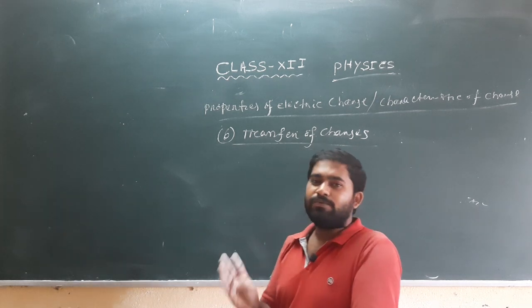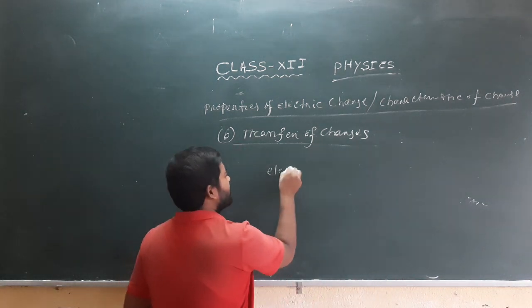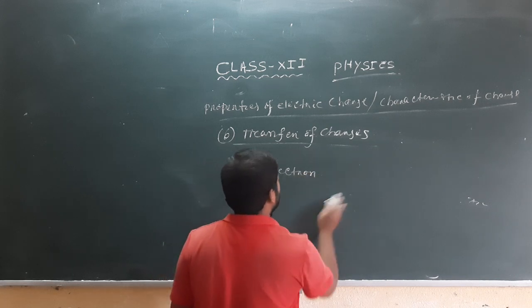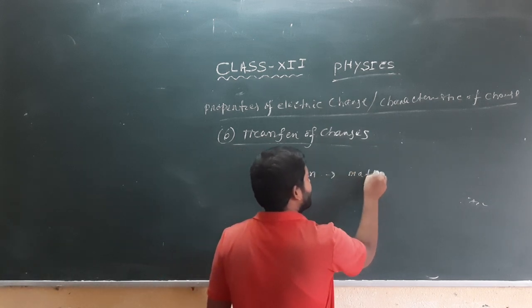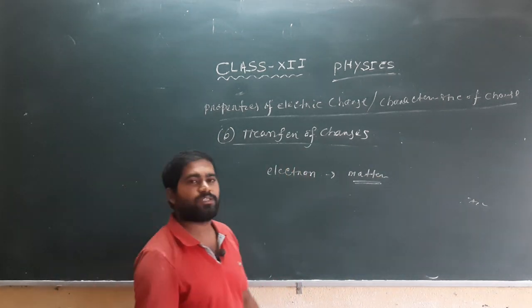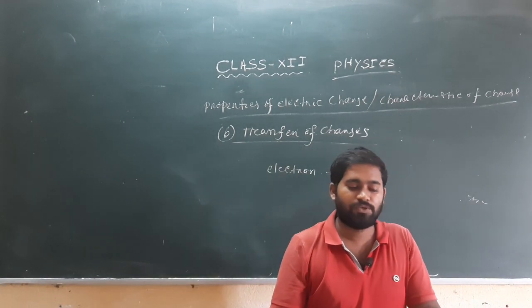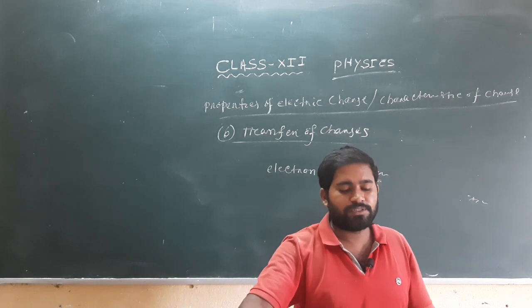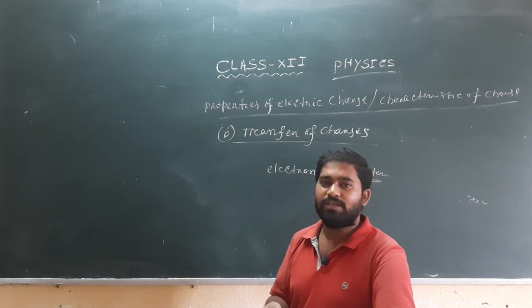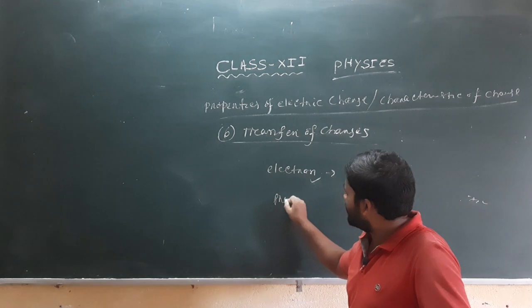When we transfer electrons from one body to another body, generally we say electron is a material particle. Electron is matter, and when transfer of electrons takes place from one body to another body, definitely there will be a change of mass. So we can say transfer of charge from one body to another body results in a change in mass of the body, whether you transfer the electron or the proton.